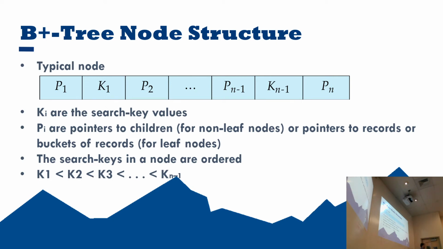You can also point to a bucket of records. They're going to be ordered where K1 is less than K2, and so on until you get to K sub n minus 1. That's going to be your highest.